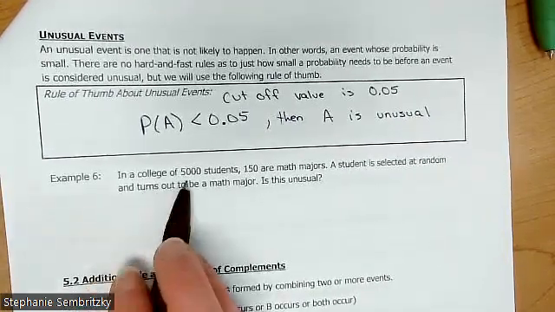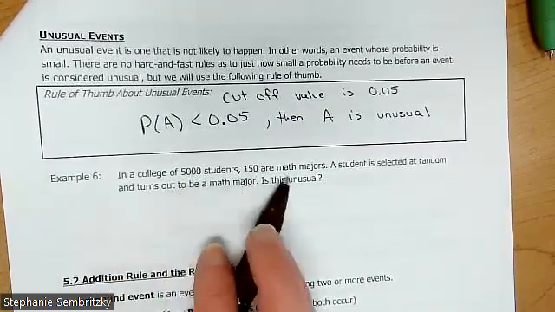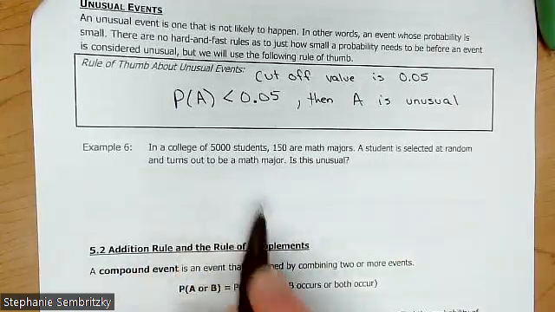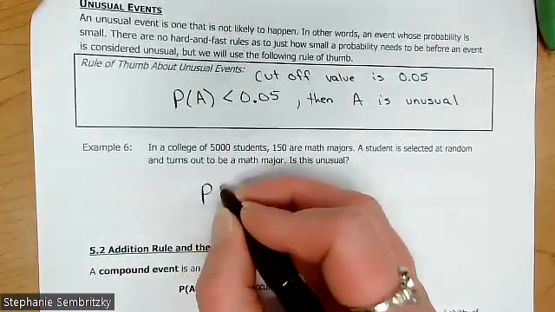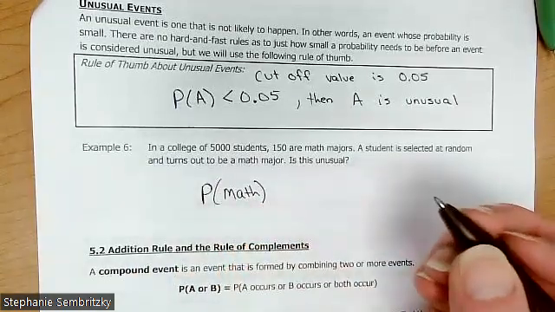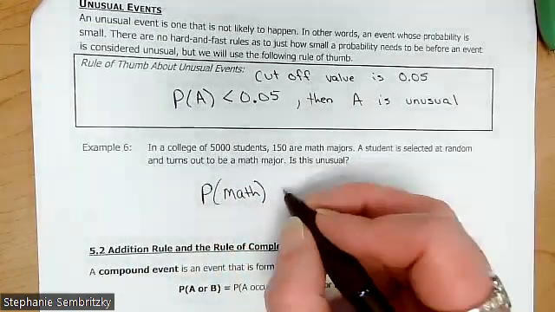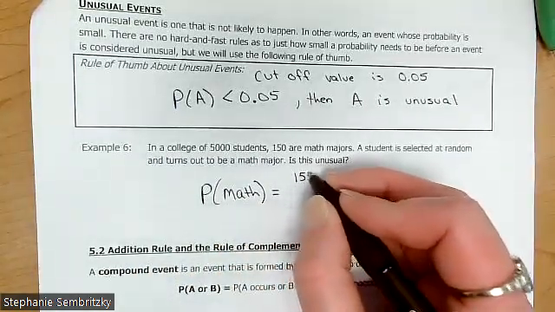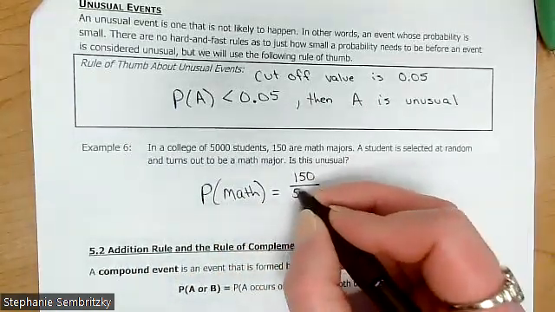So let's say we have a college of 5,000 students, 150 are math majors. A student is selected at random and turns out to be a math major. Would we call that an unusual event? Well, we don't know unless we find out the probability. So how many people were math majors out of 5,000?